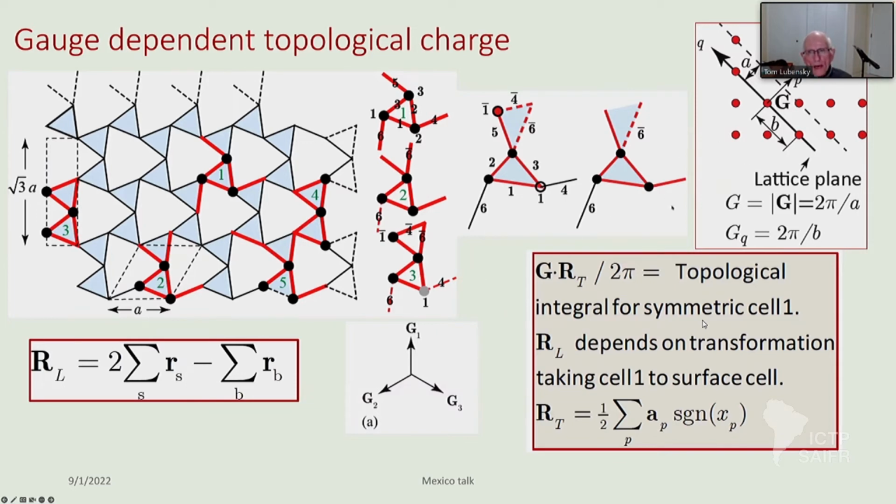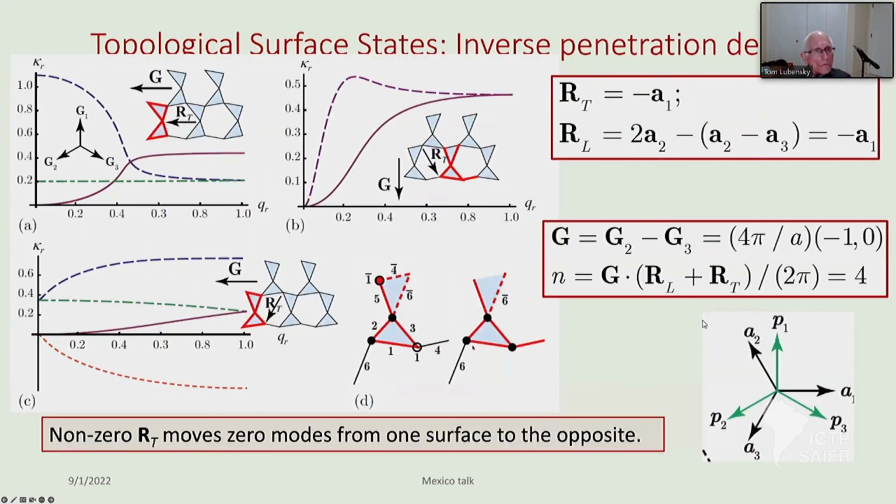And so what we have to calculate the topological charge in this case is the G dot RT is the topological value which we had, which is equal to 1 for this G, which is going outward. And now RL depends on the transformation, so we have G dot (RL plus RT). And now how did I do this? Right.